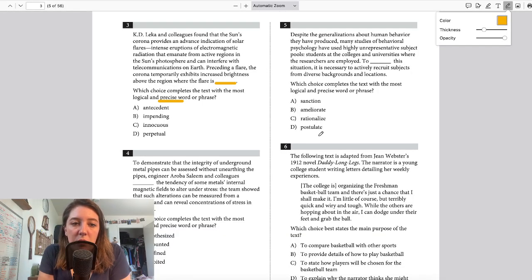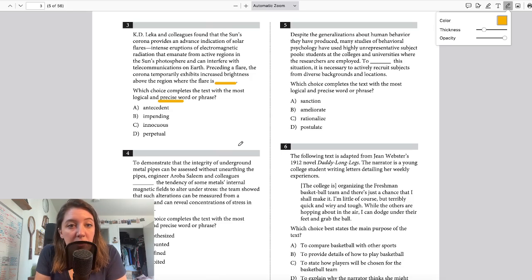Okay, so we need to understand a little bit more about the structure of this event before we answer this question. So let's just read it. It says, Katie Leica and colleagues found that the sun's corona provides an advance indication of solar flares, intense eruptions of electromagnetic radiation that emanate from active regions in the sun's photosphere and can interfere with telecommunications on Earth.